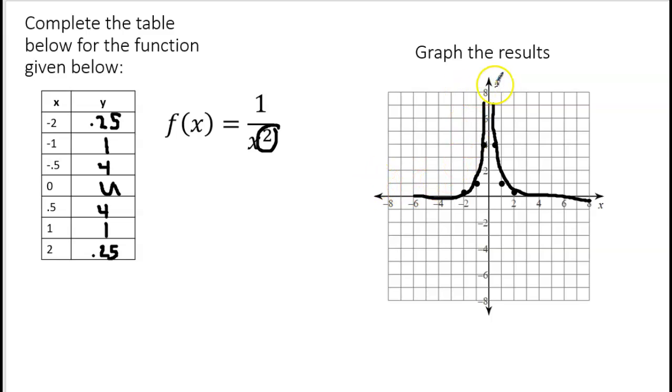So you end up with this symmetrical looking shape here. The one from the last slide and the one from this one have a very similar shape. But whenever you have an even power, instead of the left side being down here in the bottom, the left side is also on the top because everything becomes positive.